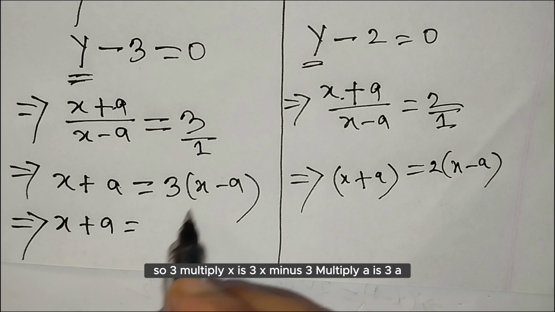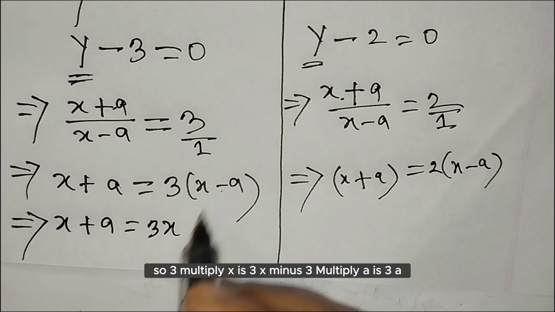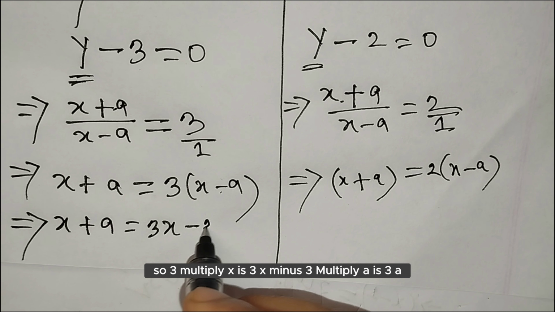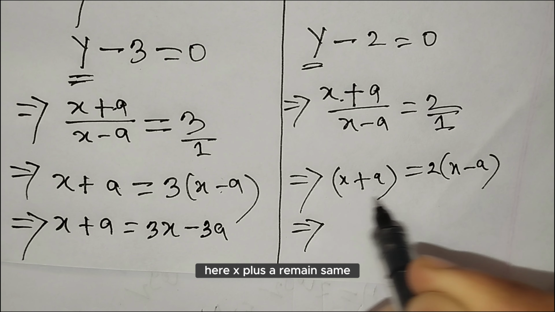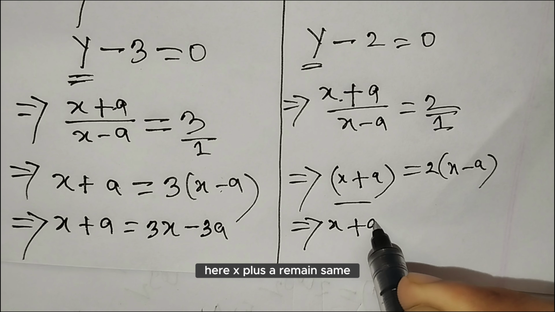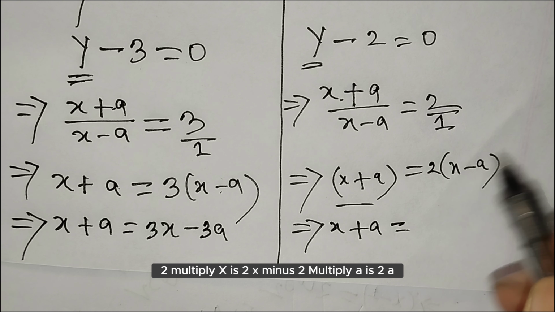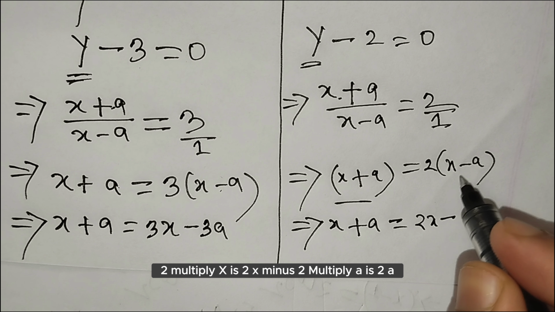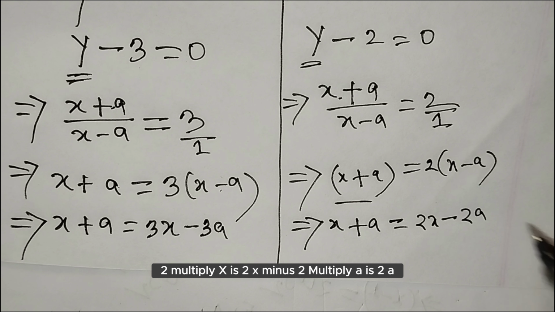So 3 multiply x is 3x minus 3 multiply a is 3a. Here x plus a remains same, and right hand side 2 multiply x is 2x minus 2 multiply a is 2a.